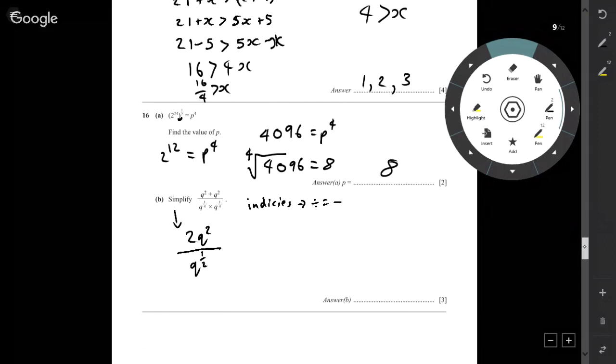So this becomes 2q squared, because we've got 2 of those. And this, we simply plus the quarters together. And so that becomes q to the half. Again, to simplify this, we minus these. So it just becomes q to the power of 3 over 2. And that is the answer. 2q to the power of 3 over 2, or to the power of 1.5.